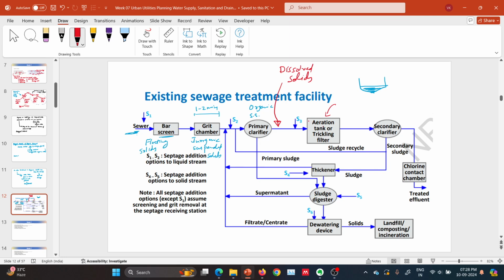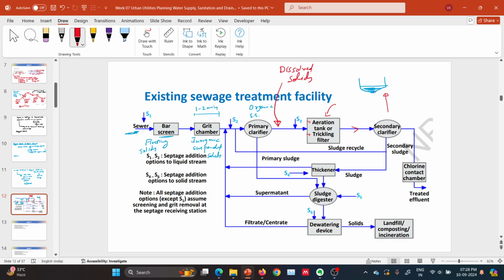So these two are aerobic processes, and the BOD of the effluent will be reduced, and we will get more microbial mass or cells. This microbial mass will come out in the effluent, and we'll transfer that effluent to the secondary clarifier. In the secondary clarifier the same thing will happen as in the primary clarifier, but in a bit different way, because the type of sludge is different in the secondary clarifier.